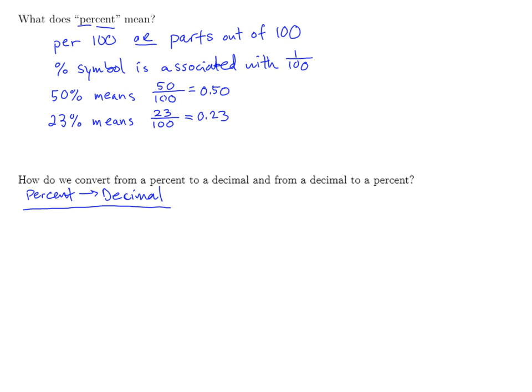This is going to be a number that no longer contains that percent symbol. So we drop the percent symbol, and we move the decimal point. Because we're dividing by 100, we're going to move the decimal point 2 places to the left.